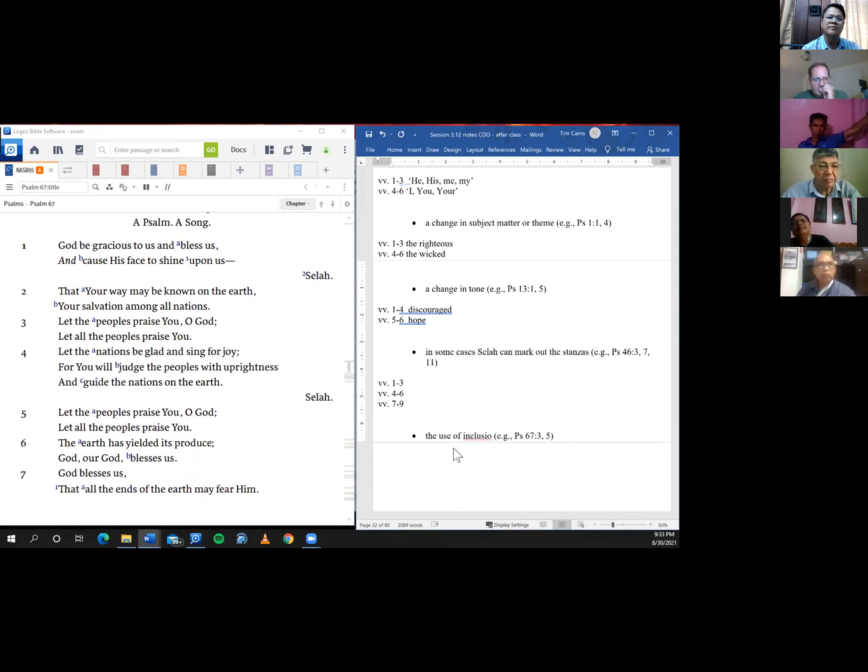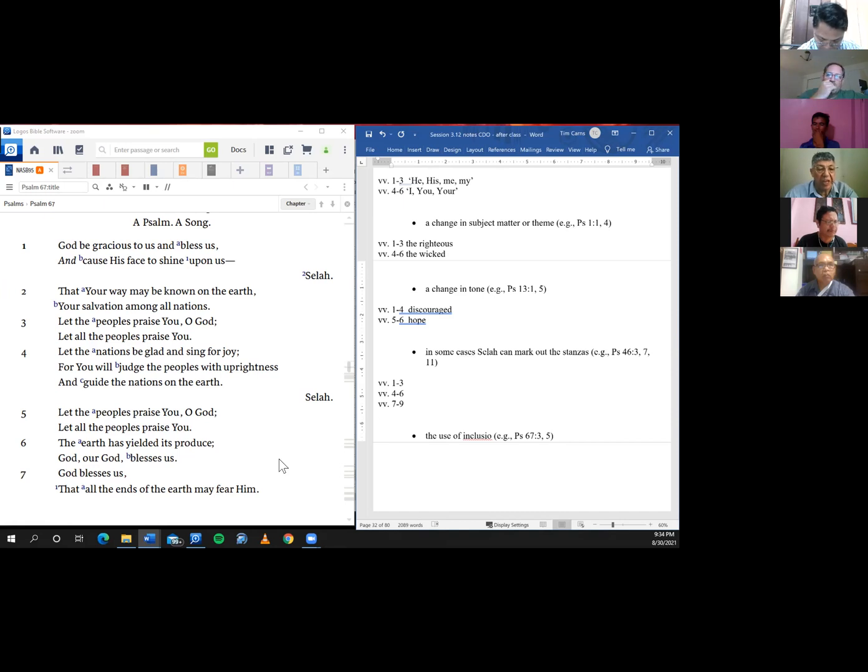Psalm 67, a song. God be gracious to us and bless us, and cause his face to shine upon us, that your way may be known on the earth, your salvation among all the nations. Let the peoples praise you, O God. Let all the peoples praise you. Let the nations be glad and sing for joy, for you will judge the peoples with uprightness and guide the nations on the earth.